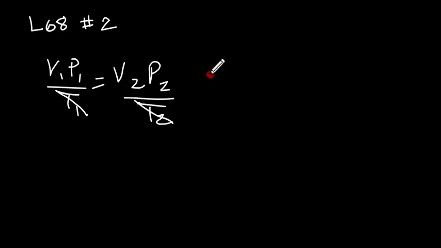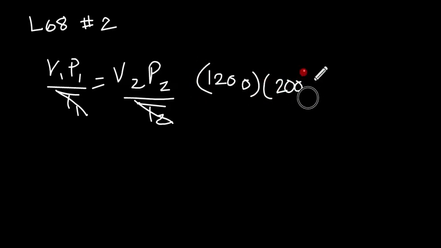So the pressure was 1200 newtons per square meter. And the initial volume was 200 milliliters. We don't need the bottom number, right? Let's see, the pressure was increased to 1600, so it's going to be 1600.